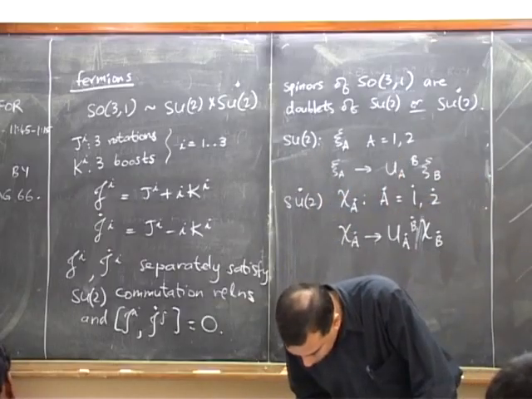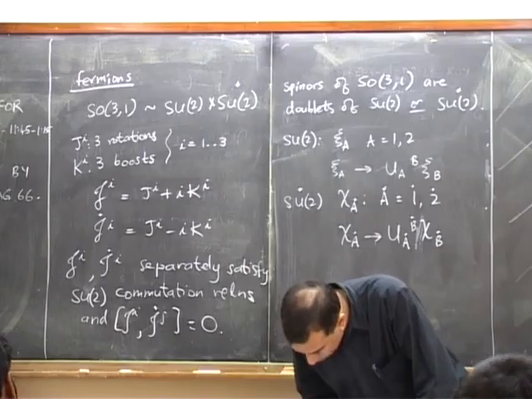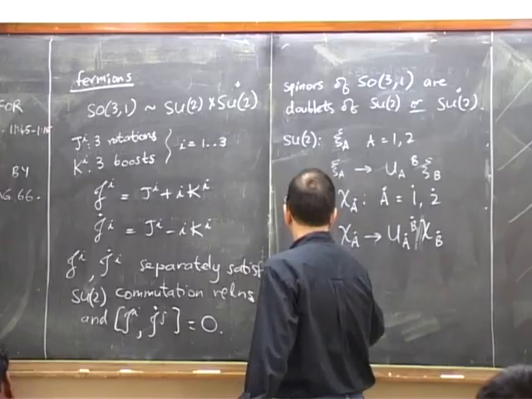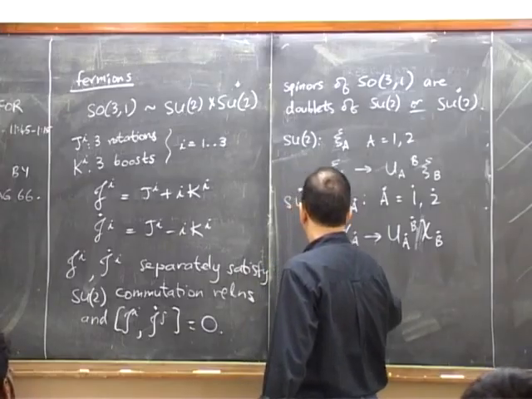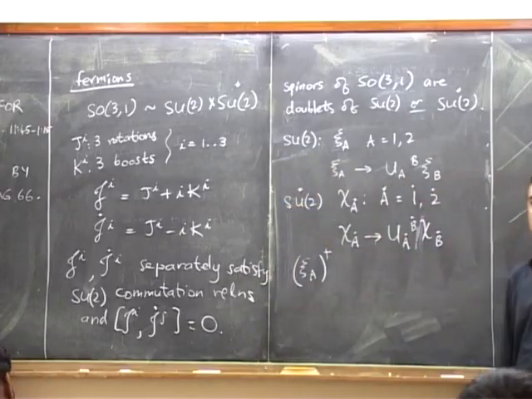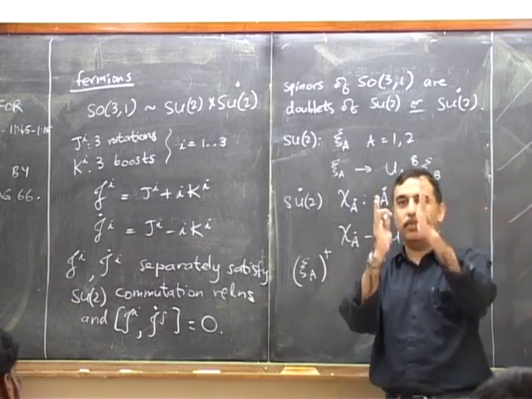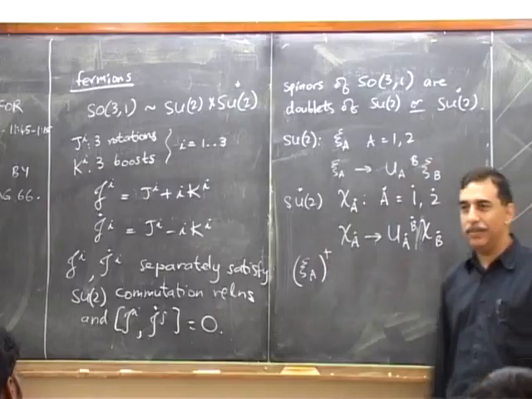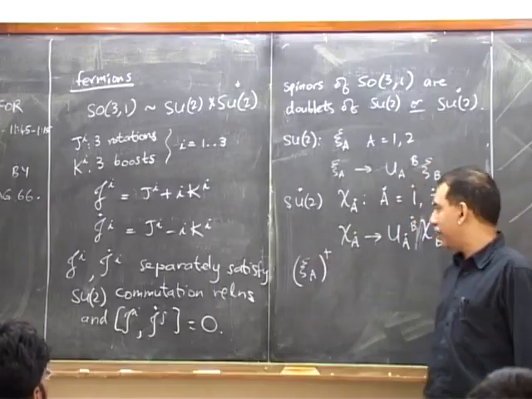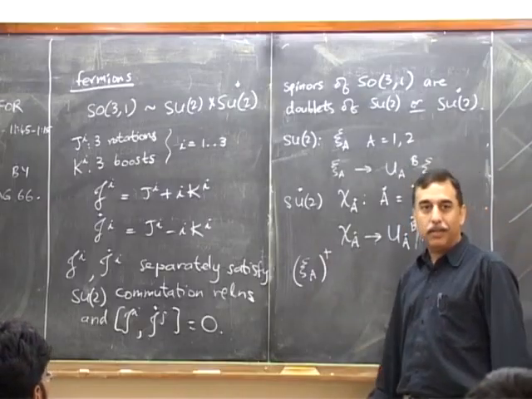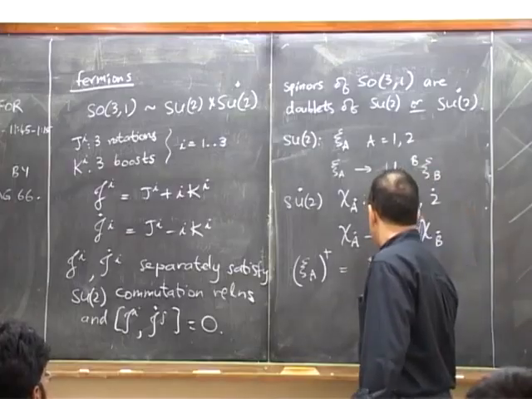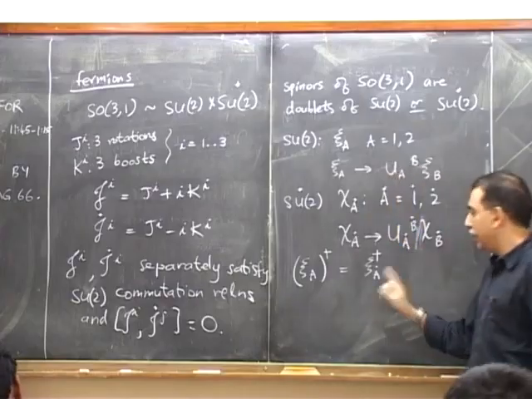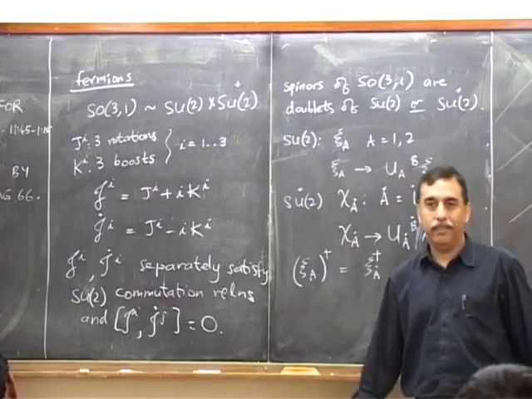Good. Now the key point is that if I take psi A and dagger it, it's a 2-component object, so the fact that dagger makes it from this way to that way is hardly important. Some people put in transpose signs, but it's a waste of notation. If you just dagger it, which is the same as starring it, complex conjugating it, then it turns into an object psi dagger whose index is now A dot.